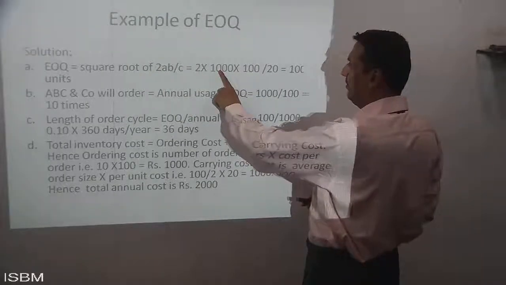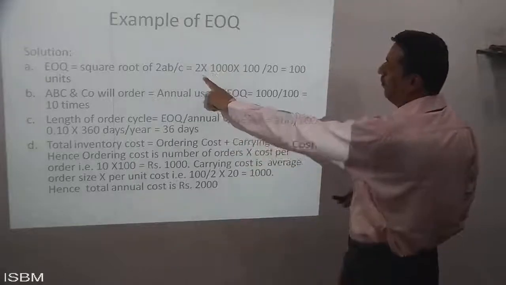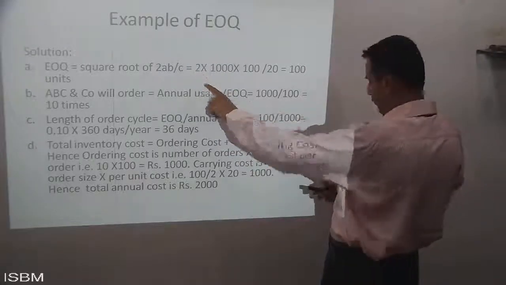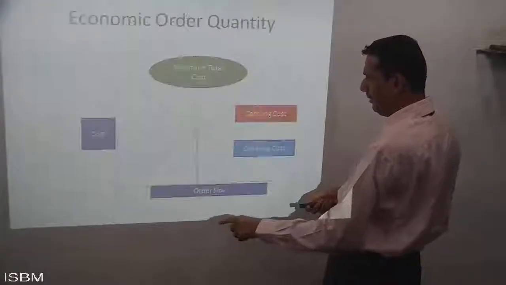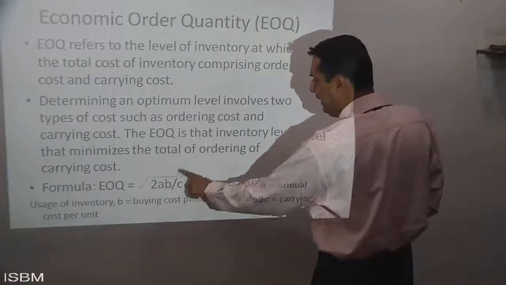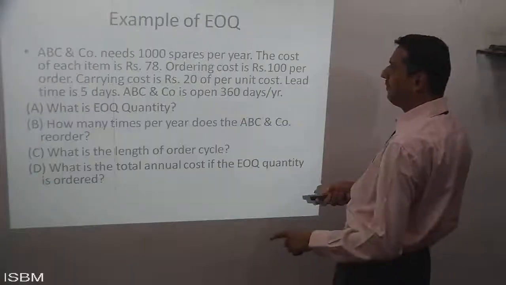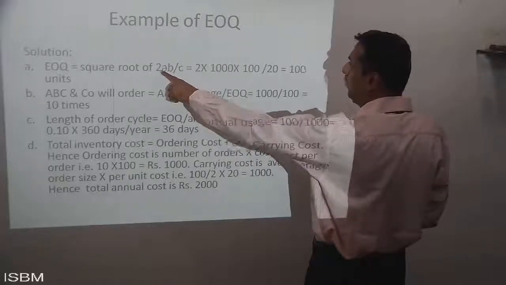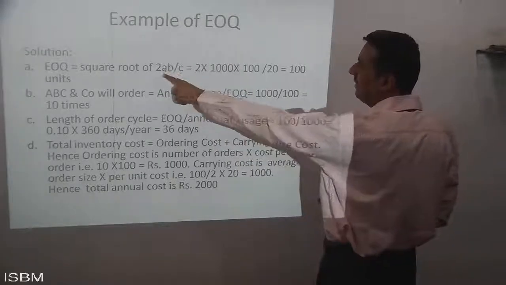Okay. So what is the formula we have understood? The formula is the square root of 2AB divided by C. A is the annual usage, the annual demand.